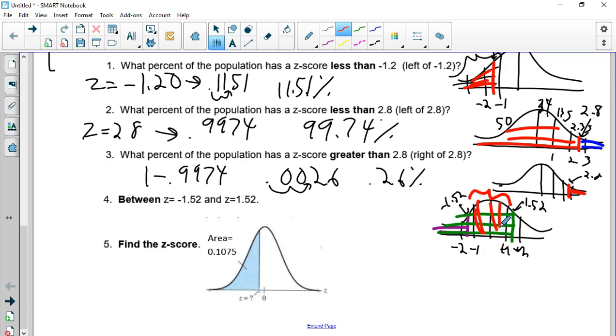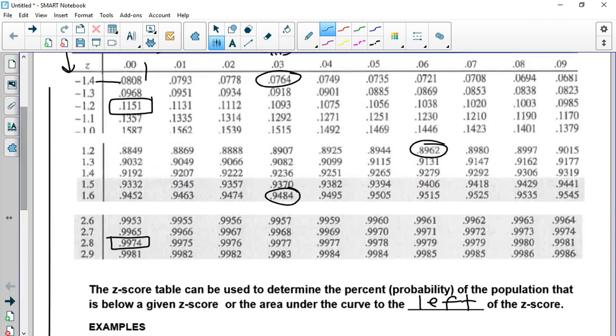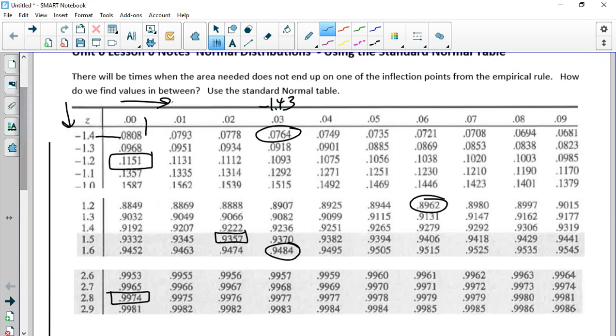Okay? So, we're going to look up -1.52, which is right here, and that was 1.52. So that's our 1.52, 0.9357. This sample, this little boo-boo here, actually doesn't have negative 1.5 on it. The full chart will have it. So negative 1.52 would be right here in this spot if it was on the chart.